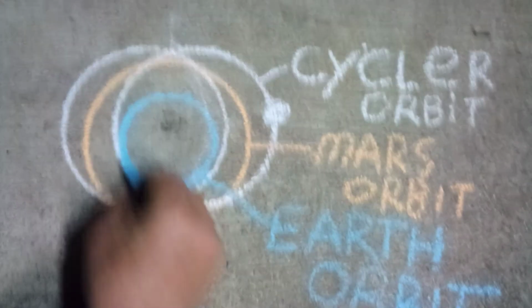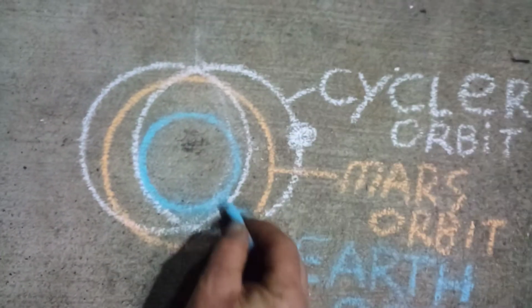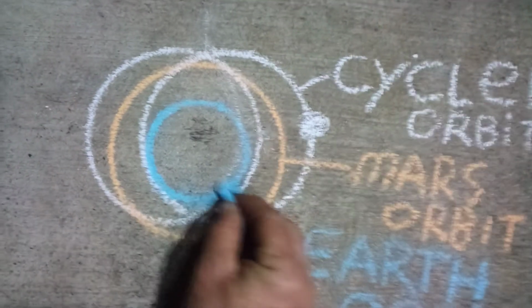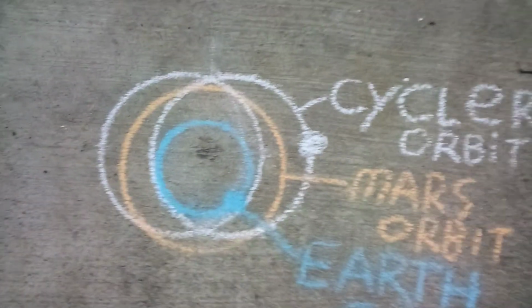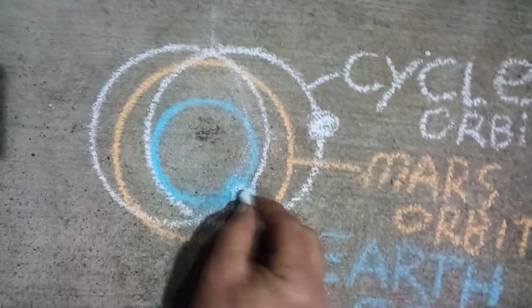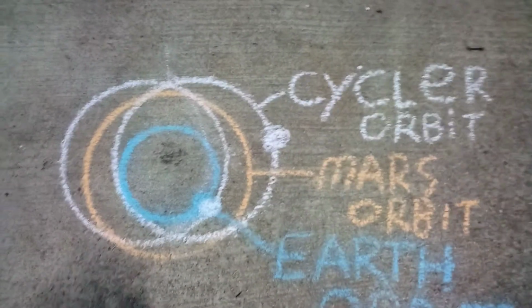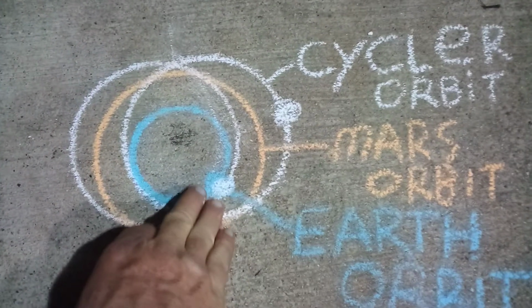So, Earth is going around and around and around like this. And if you time it right, Earth is here at the moment when your ferry machine, your boat, your space boat, is there at the same time.